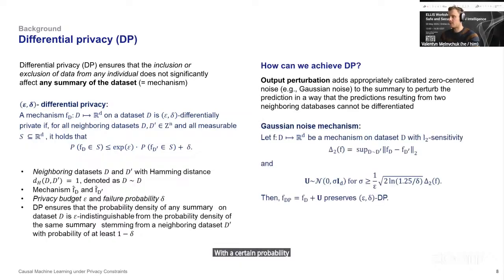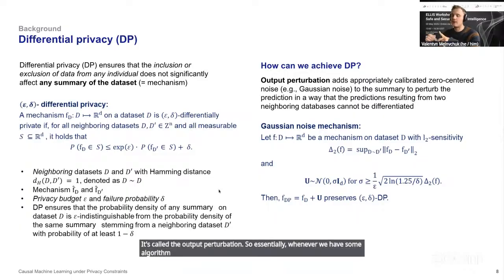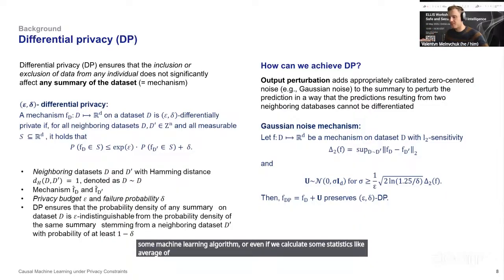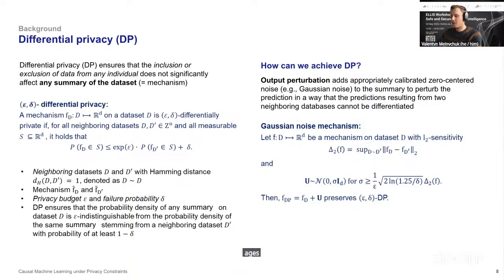Also, in the original paper on differential privacy, one of the simplest ways to ensure it was called output perturbation. Whenever we have some algorithm, or some machine learning algorithm, or even if we calculate some statistics like the average of all the ages, we perturb the estimated average with Gaussian noise.